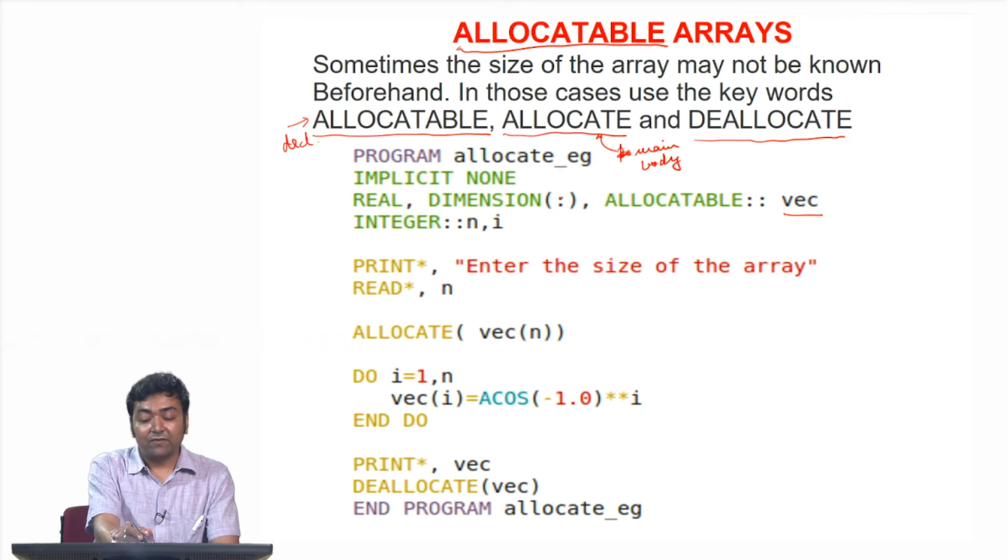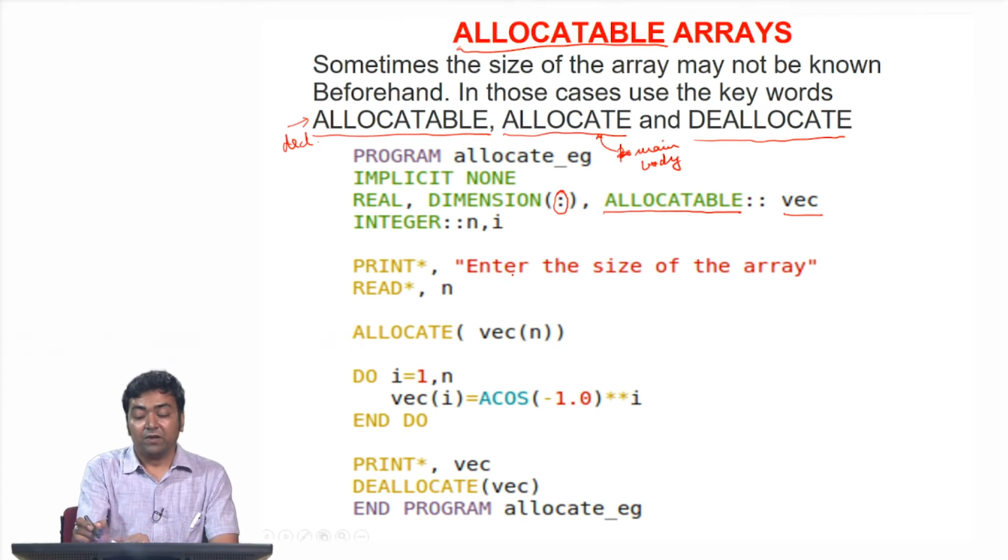If I had known the size, I would have put a number for this dimension, indicating the range. But since I do not know it, I put a colon here and use the allocatable statement to tell the compiler that at present I do not know the size of this vector.